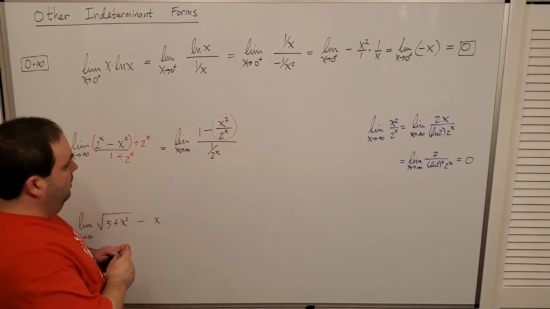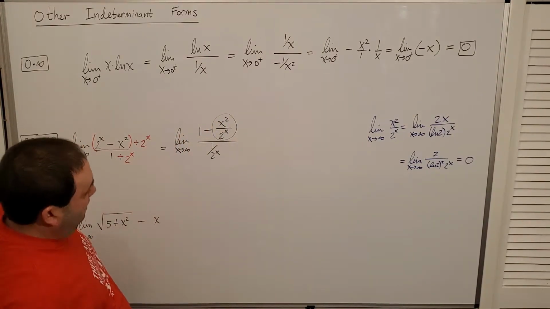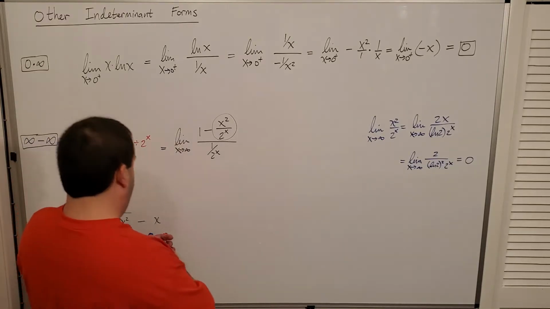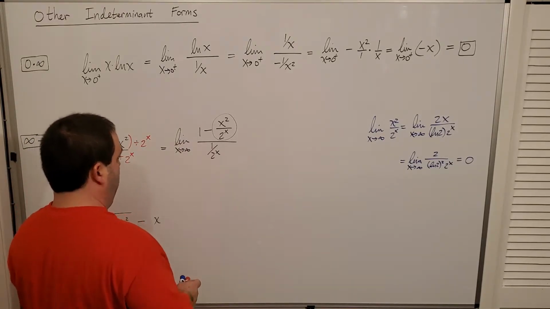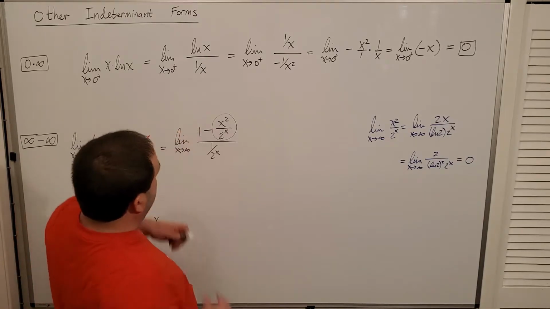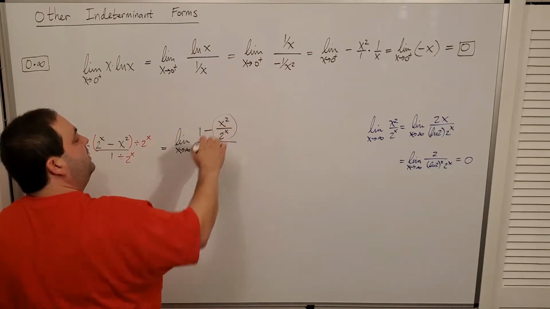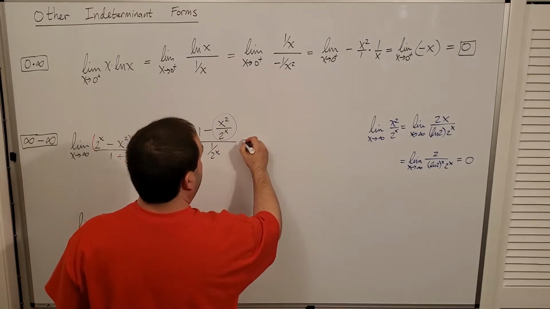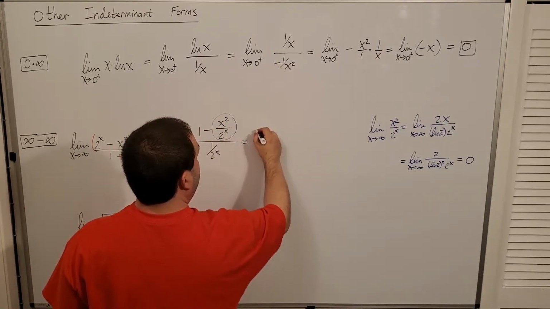Right? Okay. So what I have now is the limit of the 1 is 1, and the limit of this piece is 0. So I have this.